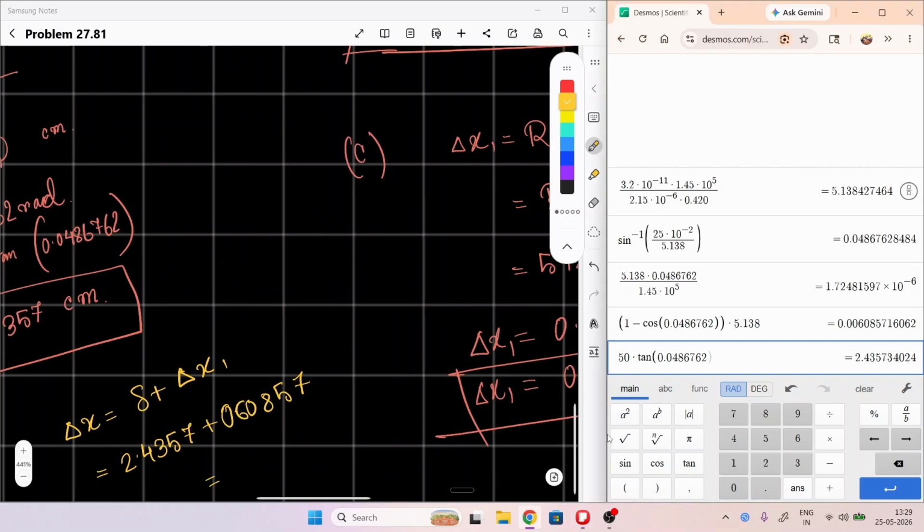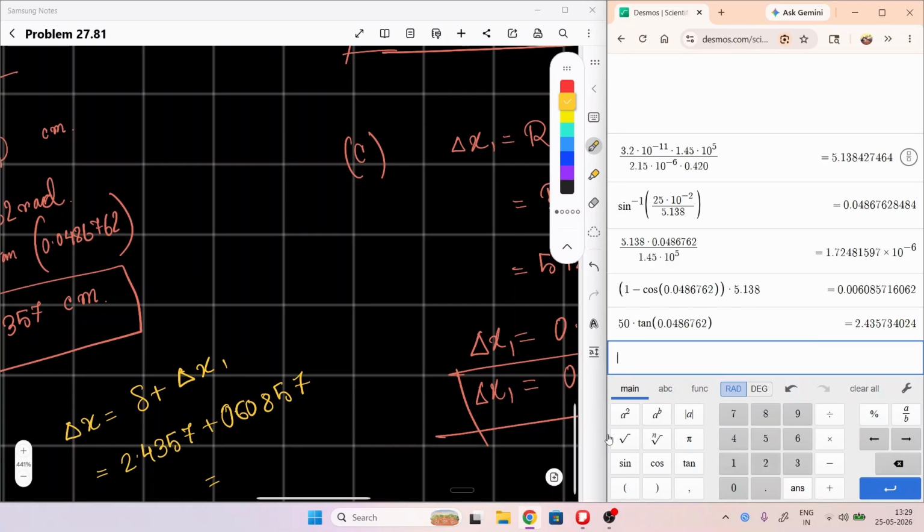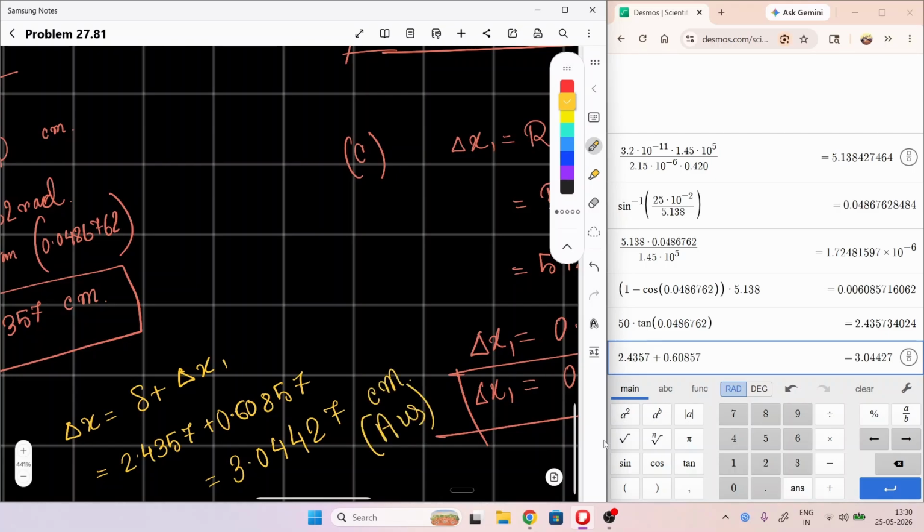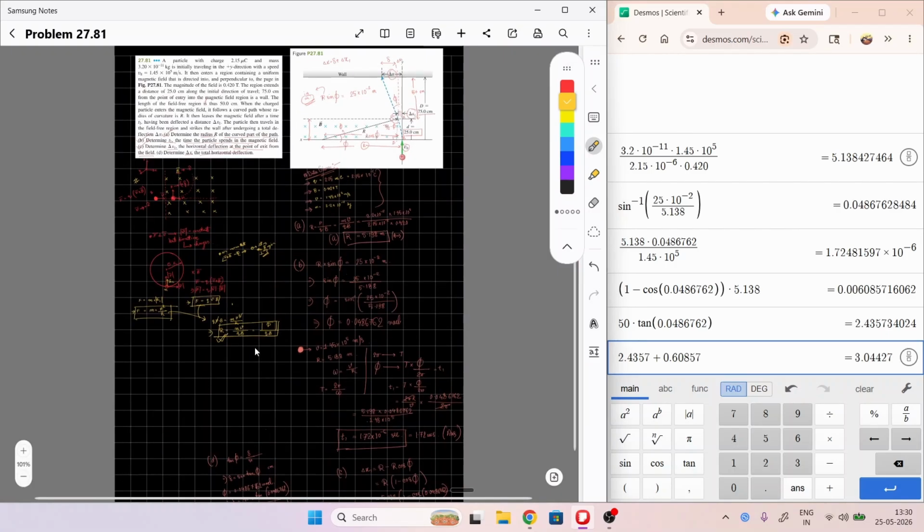Adding, 2.4357 plus 0.60857 is 3.0447 centimeters. So this is the answer to our final question. So this is all done.